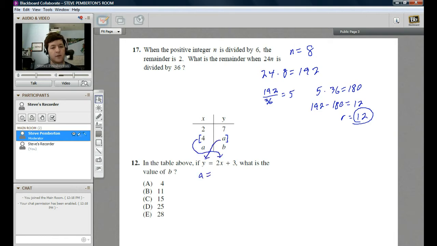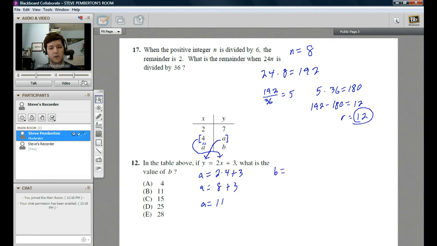So a equals 2 times 4 plus 3. Or a equals 8 plus 3. Or a equals 11. So now we know a is worth 11, by plugging in what they wanted us to plug in. So let's do it again in the final row. If a is 11, what's the b going to be worth? Well, the a is in the x spot this time, so the 11 goes in x.